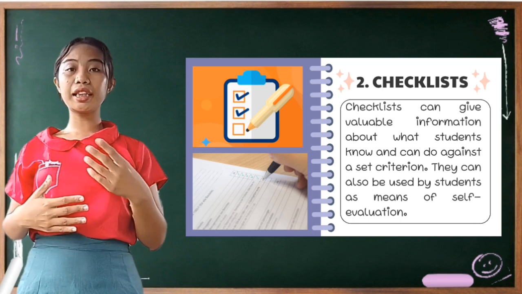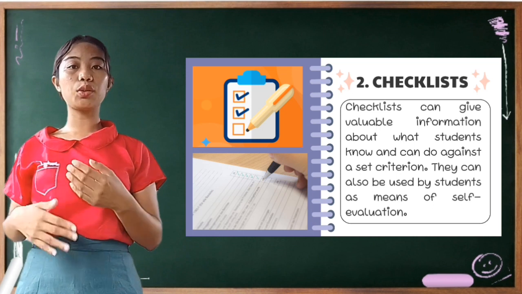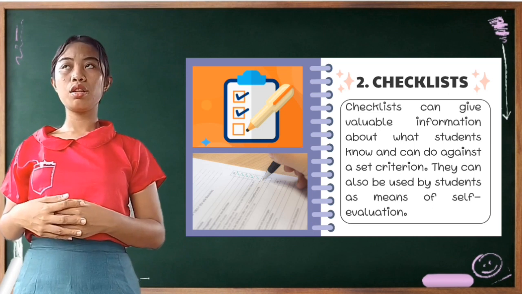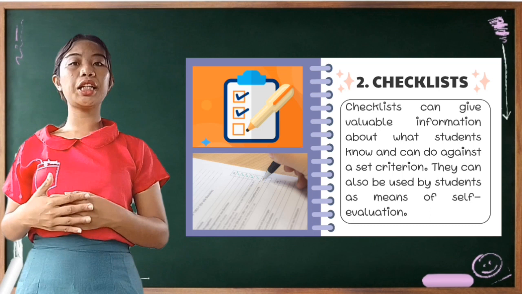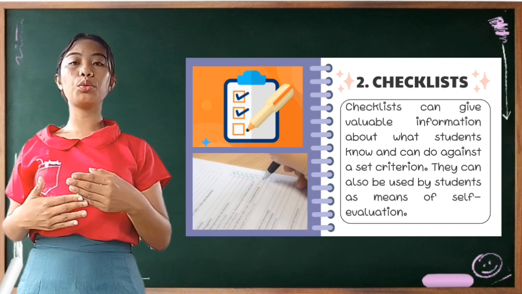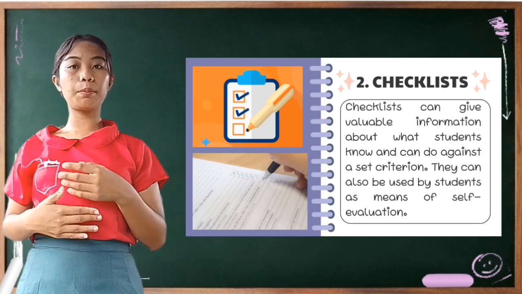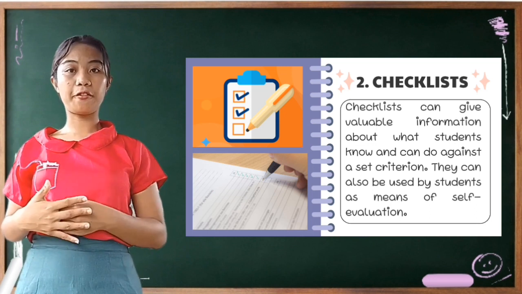These criteria help teachers to make fair and consistent evaluations. In other words, checklists are lists of things students should do or know. They are like a to-do list but for school stuff.